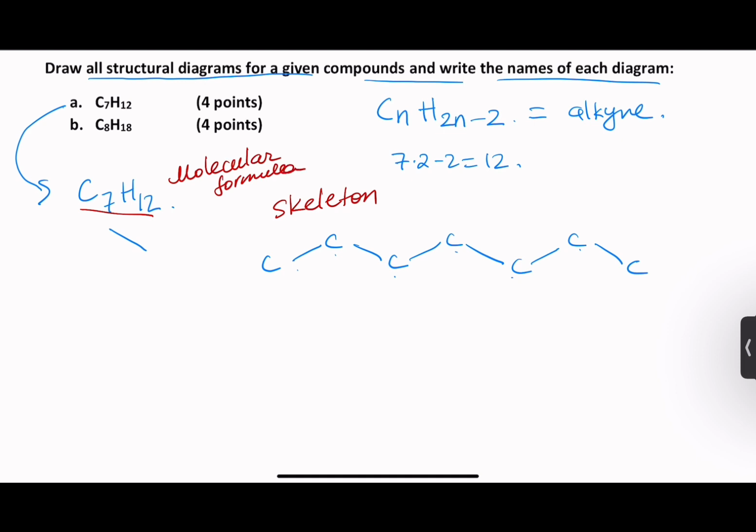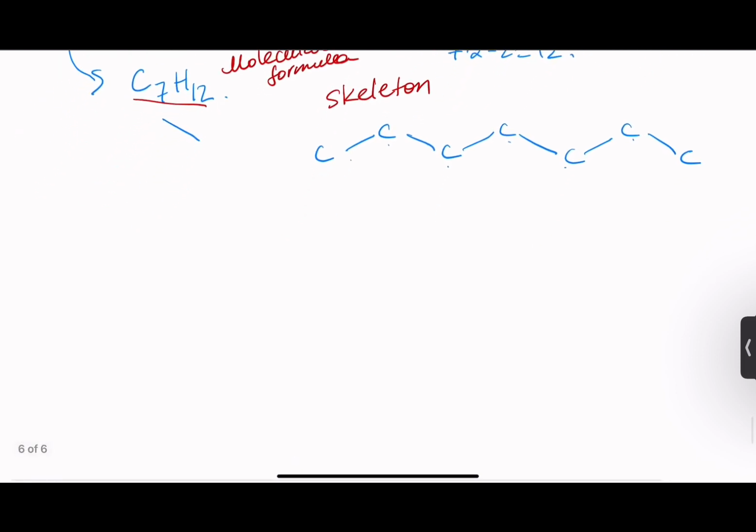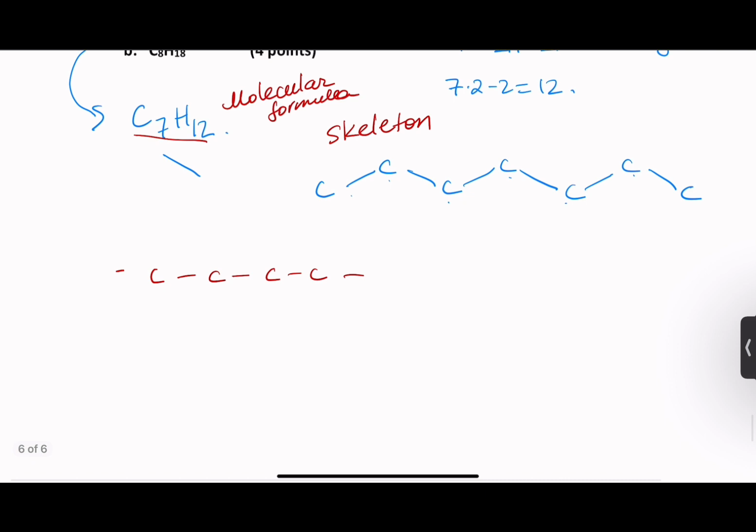And then for the structural diagram, I'm gonna show you guys an expanded form. So I got carbon, but I forgot about the triple bond, sorry. So the triple bond, I can put it right here.